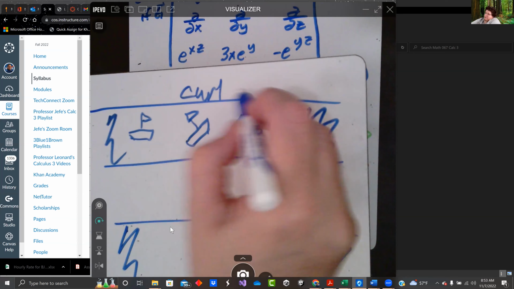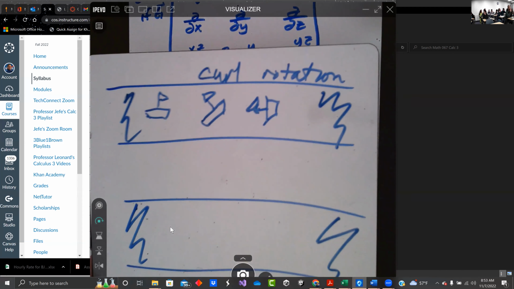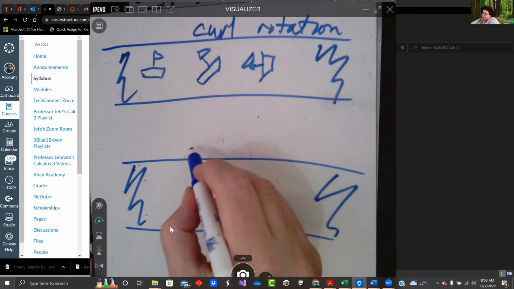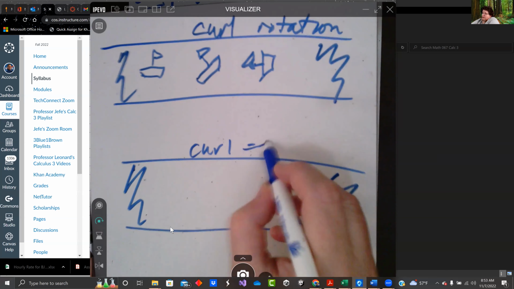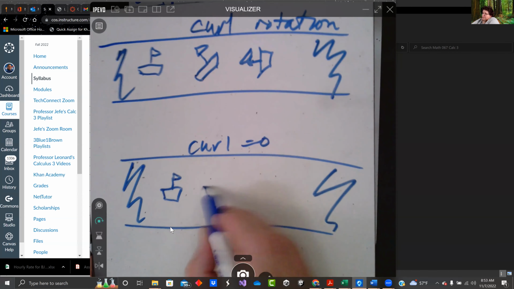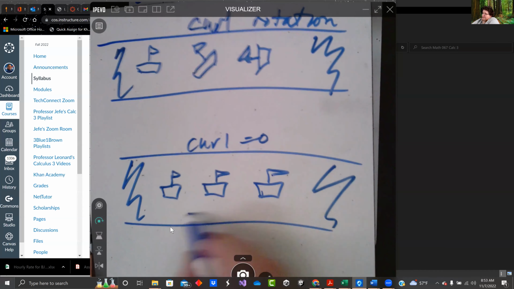There's some rotation. On a river that doesn't have rotation, where the curl is 0, the boat just flows along and never changes orientation, never spins. I'm assuming it's flowing from this direction.